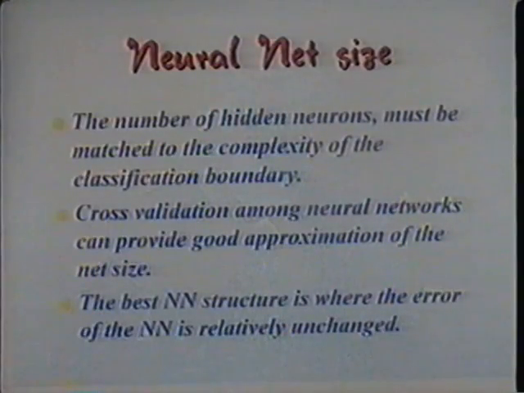Now, the rule of thumb is that the number of hidden neurons must be matched to the complexity of the classification boundary. This is very important to keep in mind. So if you are looking at a situation like load forecasting, the function that you are going to get as an output is fairly smooth. You probably have two peaks, one morning peak and one afternoon peak, and in the middle of the day you have the minimum load.